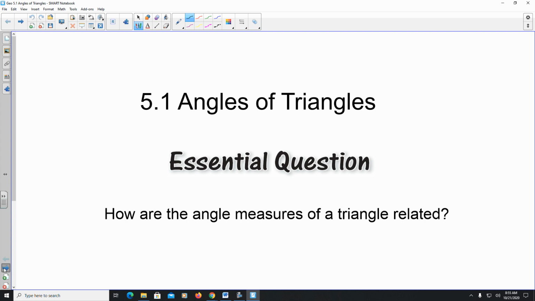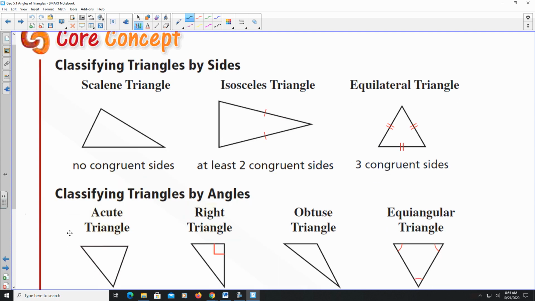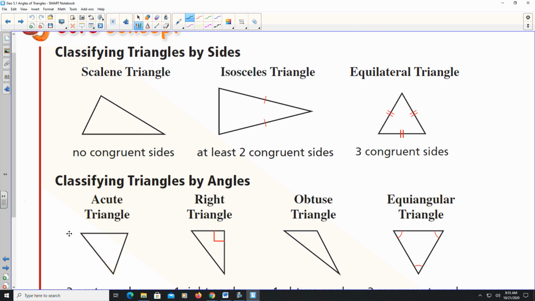So when it comes to triangles, there's two different types of classifications. You can either classify triangles by its sides, or you can classify triangles by its angles. If you look at sides, there are three different types of triangles.